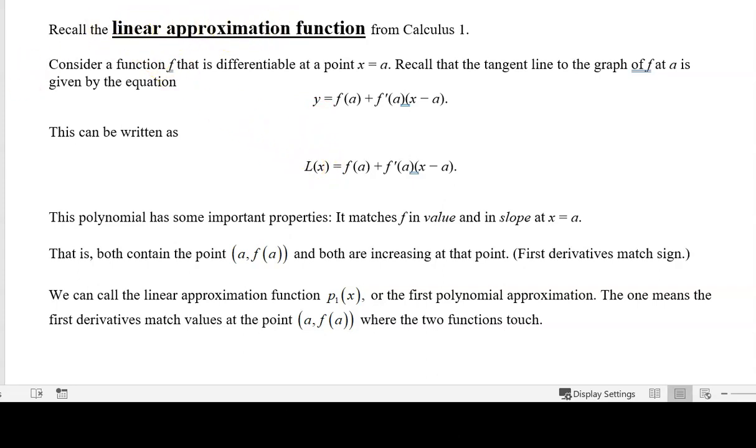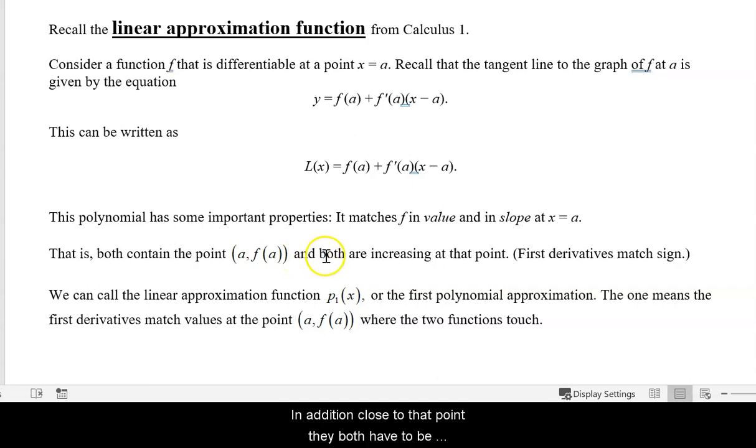Now, this polynomial does have some important properties. It matches the original curve f in both the value and the slope at the point x equals a. In other words, the derivative at a is exactly the same value as the slope of the tangent line at that point. They also both contain the point a, f of a, so they have that in common.